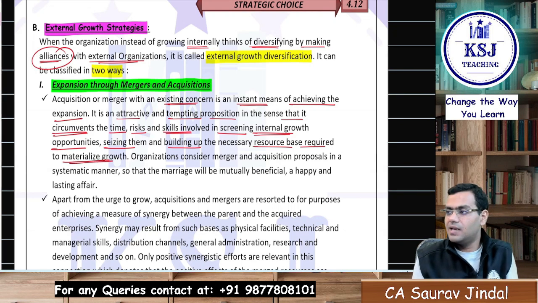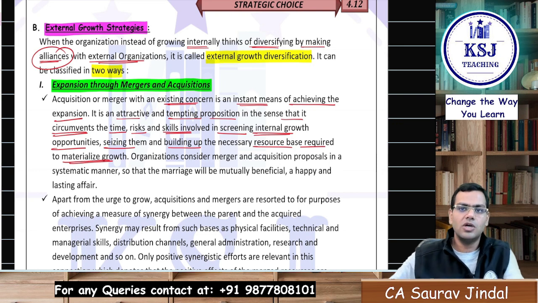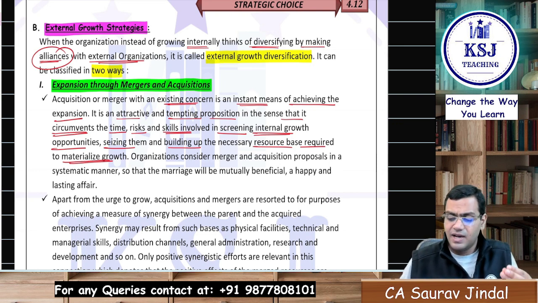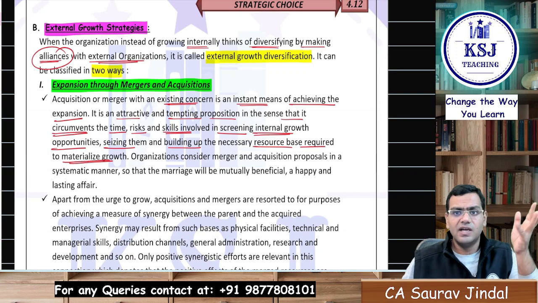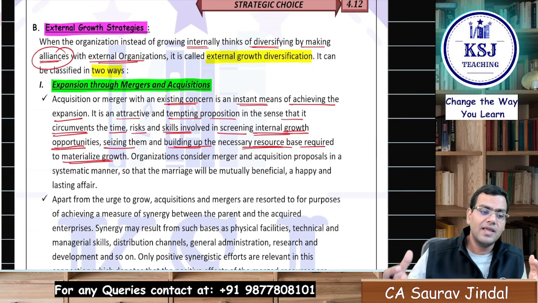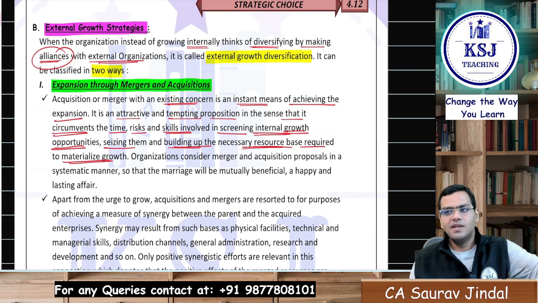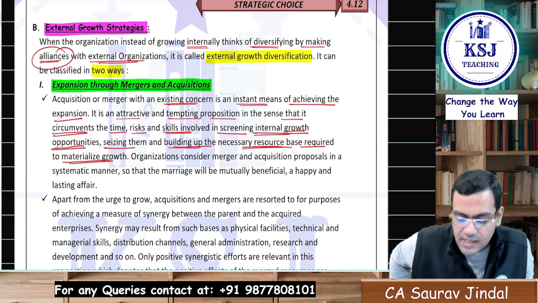So if ABC Limited wants to manufacture the shoes themselves without merging or acquiring XYZ Limited, they will have to first go for the analysis of internal environment. They will have to identify whether internally growth opportunities are there. Then they will have to build upon all the resources which are required to gain that growth, right? So instead of that, he says, bypass everything, let's acquire XYZ Limited, right?